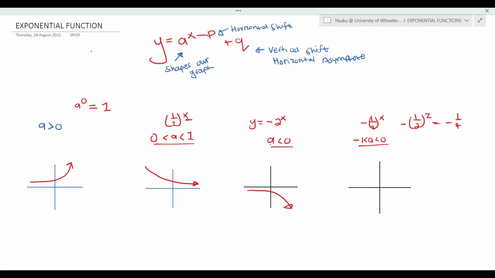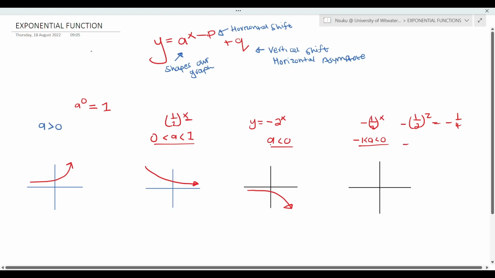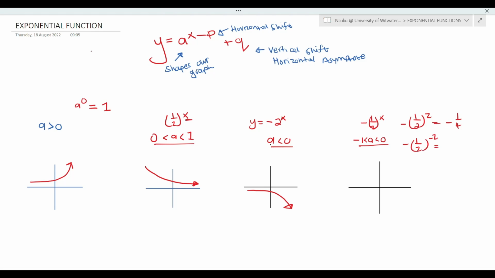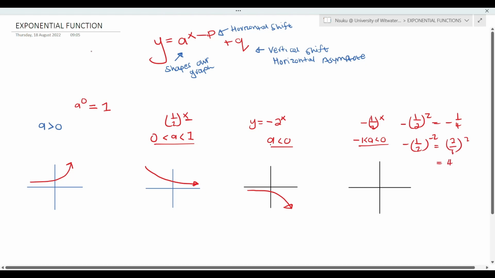But what if my x is a negative value? Let's say it was negative 2. In order to get rid of the negative, we have to switch the fraction, so we have 2 over 1. Now our negative becomes a positive. That gives us the value of 4, since 2 to the power of 2 is 4.